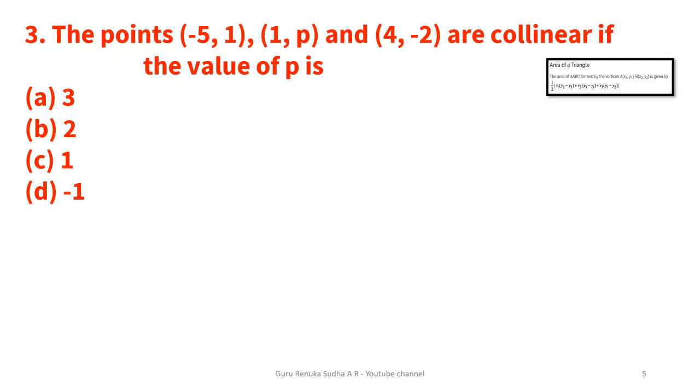You can calculate by using the area of a triangle. You already came to know that formula in exercise 7.2 of coordinate geometry, where area of triangle is equal to half of x1 into y2 minus y1 plus x2 into y3 minus y1 plus x3 into y1 minus y2.